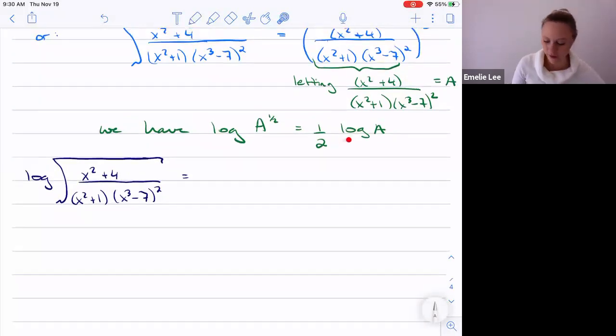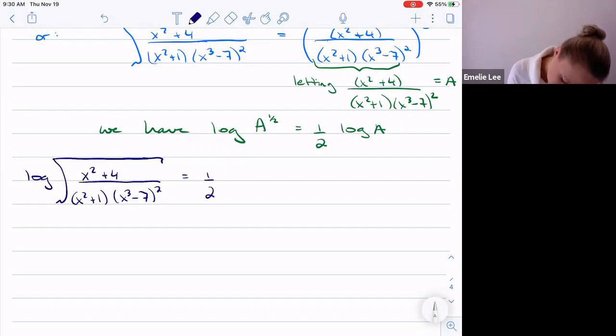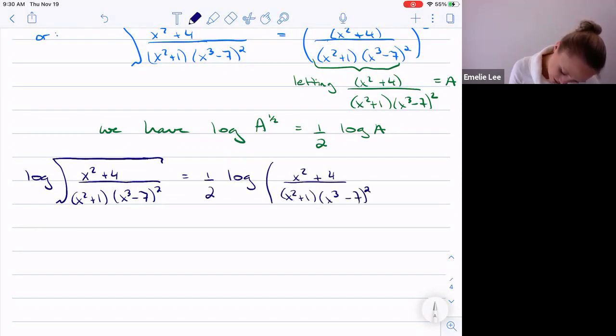So from up here, I've already shown it. And so that's the same as 1/2 times the log of everything inside, right? This fraction, x squared plus 4 divided by x squared plus 1 times x to the 3 minus 7 to the power of 2.